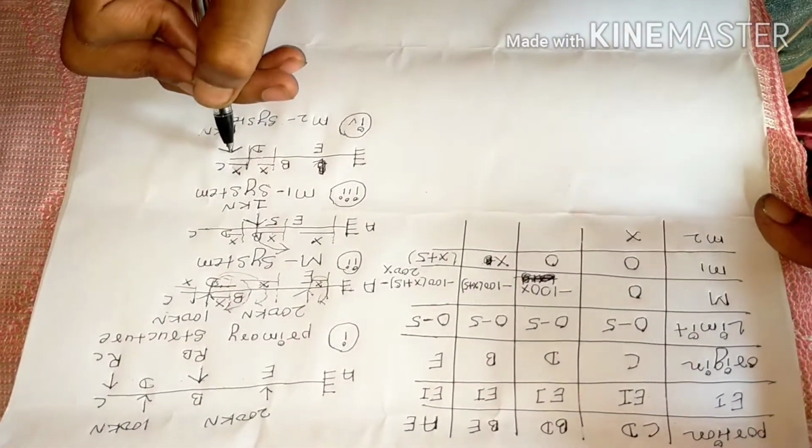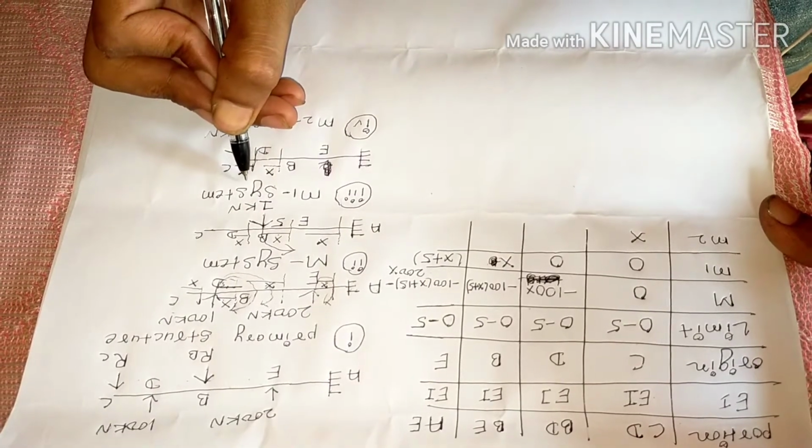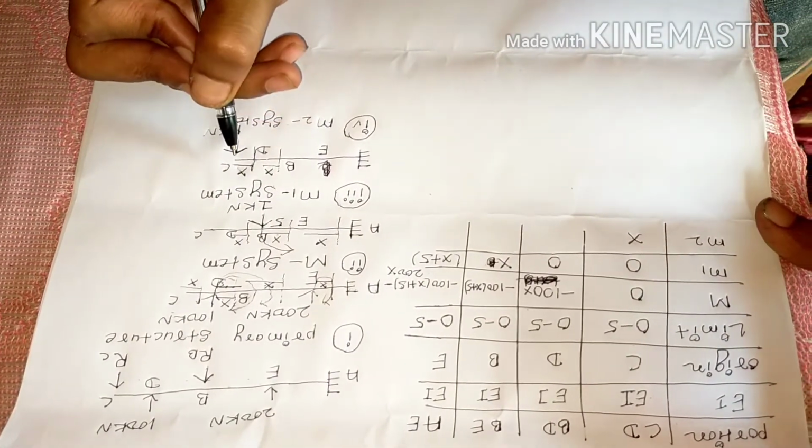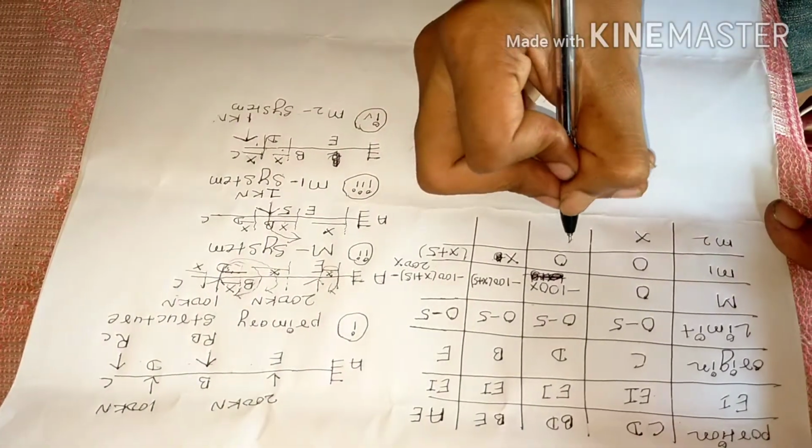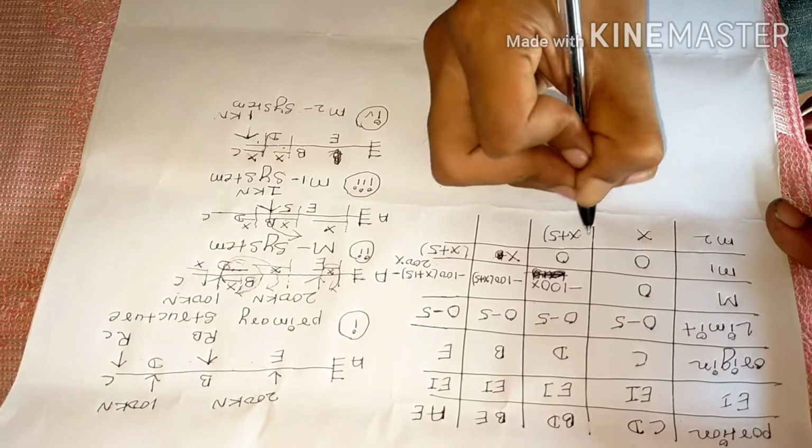Now this 1 kilonewton force will rotate this section in anti-clockwise direction and the perpendicular distance is 5 plus x, that is x plus 5.